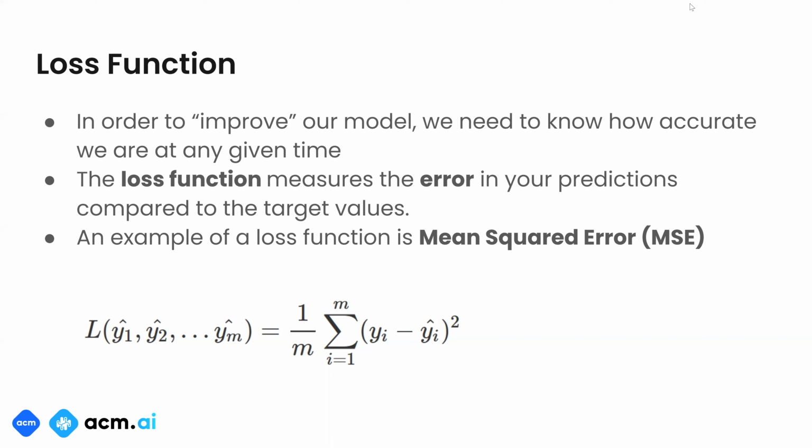For each of these data points, we start here and compare our prediction to the actual value. Say our actual value is 86 and our prediction was 95. Subtract those two, we're off by 9.